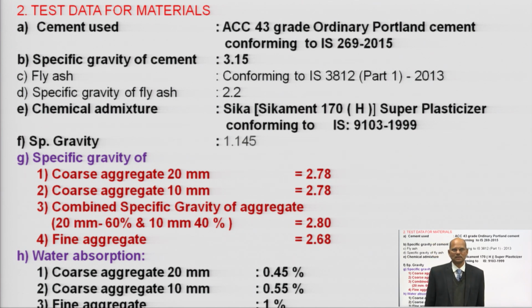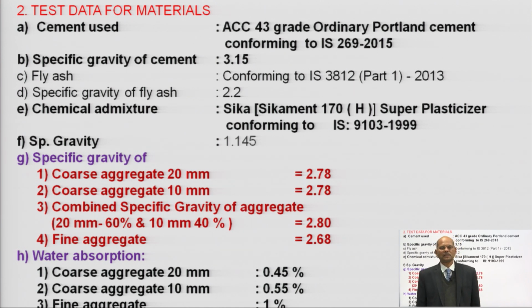IS 269-2015 gives the specifications of all 3 grades of cement, 33 grade, 43 grade or 53 grade. We calculated the specific gravity of cement as 3.15. Fly ash also we have collected and tested as per the specification of IS 3812 part 1 2013. The specific gravity of fly ash we calculated by experiment is 2.2.